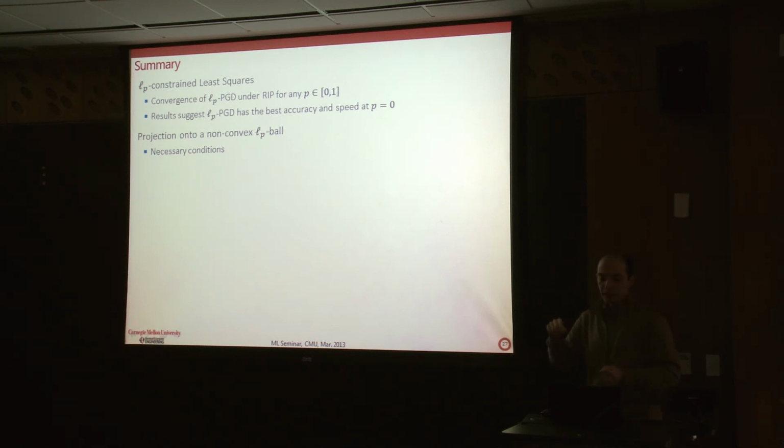The point is that what I observed is that for any choice of k, where k is the sparsity of the projection, between 1 and n, there are at most 3 points that satisfy the necessary conditions.